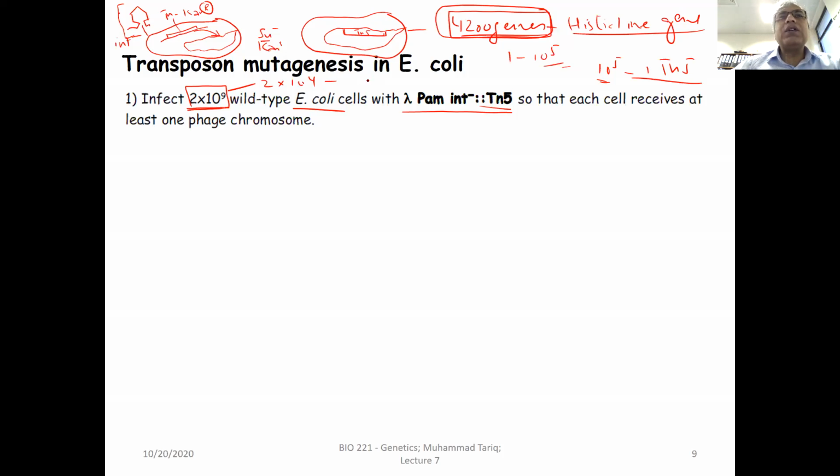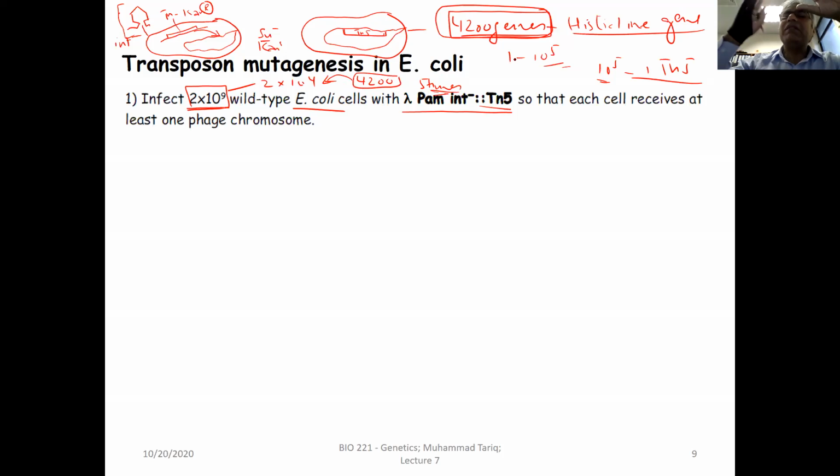Now, how much is the total number of genes in bacteria? 4,200. How many more mutants do we have? Nearly 5 times more mutants. And we use more than 5 times, or near 5 times, because these events are random.